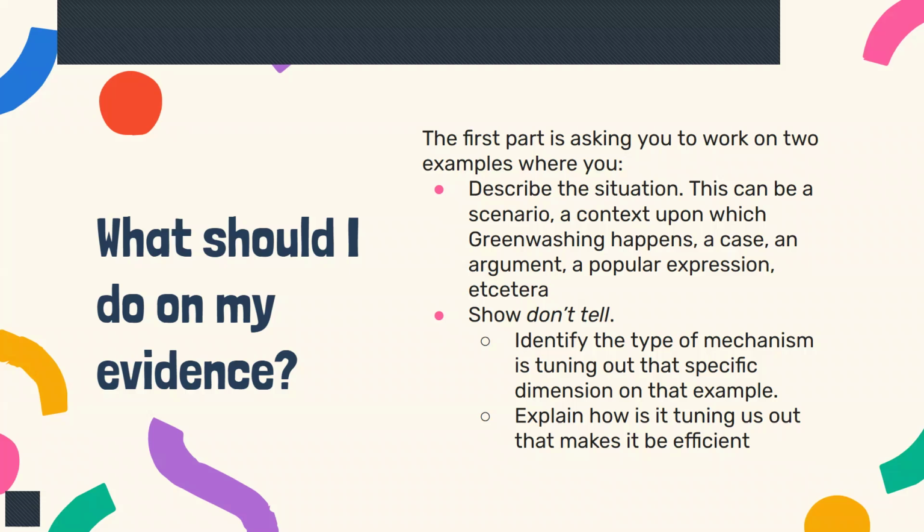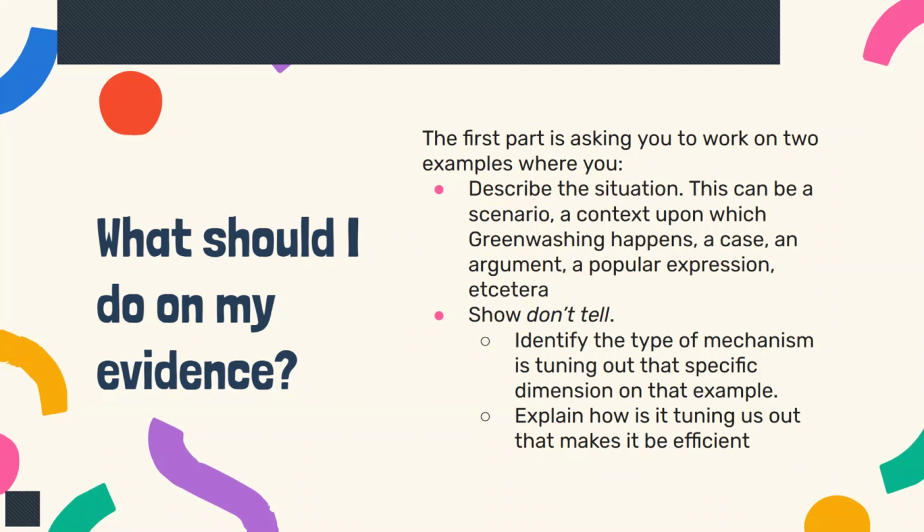Another important thing: the examples can be really anything. For instance, for the personal dimension, I've seen some students give us memes. They put in the image, do a brief description, and with the pop-up, they describe why in that meme there is a fallacy, particularly because memes sometimes aren't hiding but rather showing something deceitful.